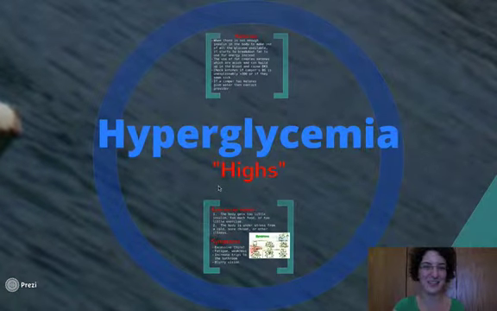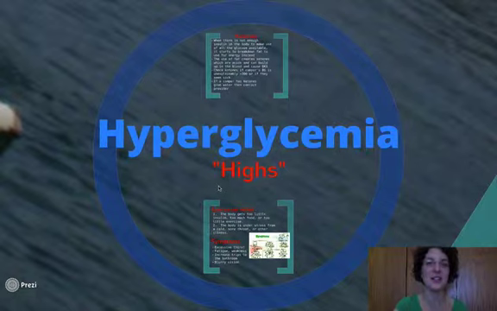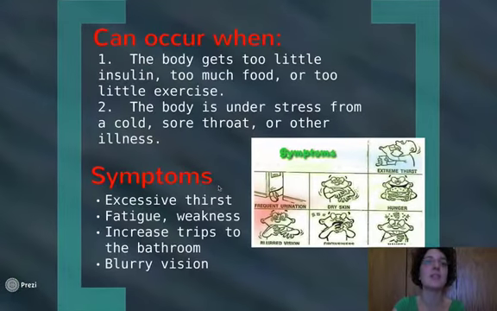The next thing that we'll talk about is the opposite of a low blood sugar, which is hyperglycemia or a high blood glucose level. So this can occur if the body gets too little insulin, if you end up having more food than anticipated, or less exercise. It can also happen if the body is under stress.